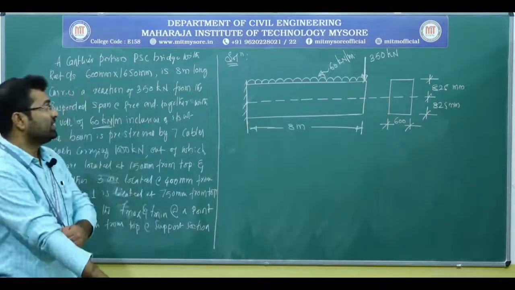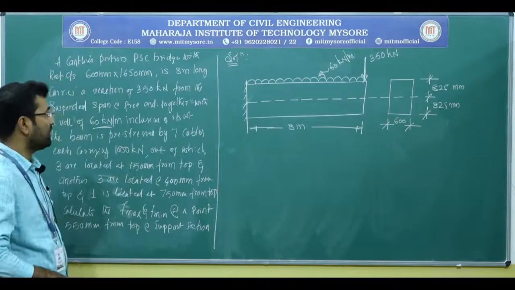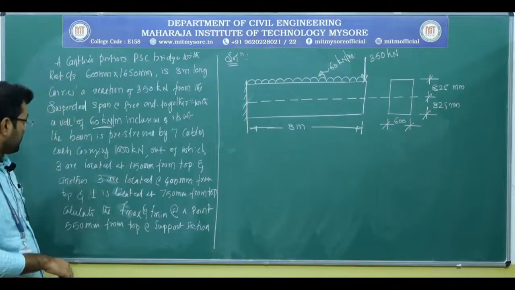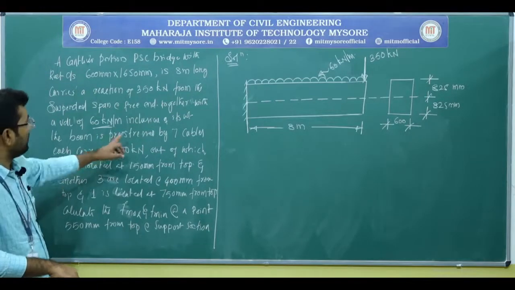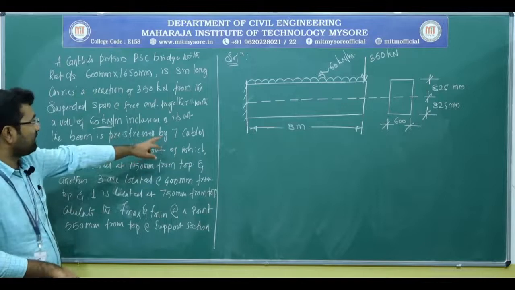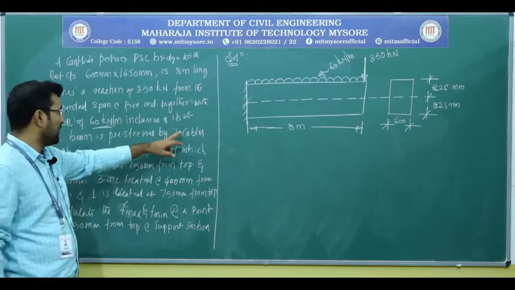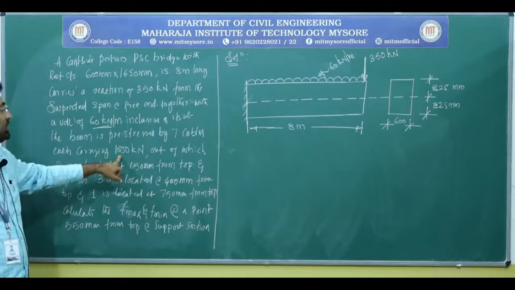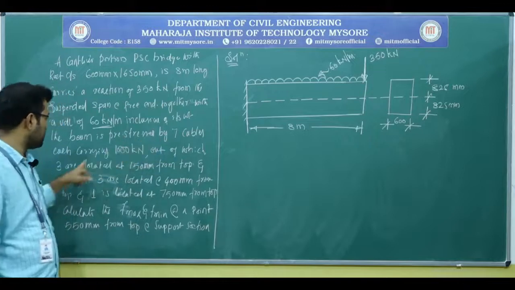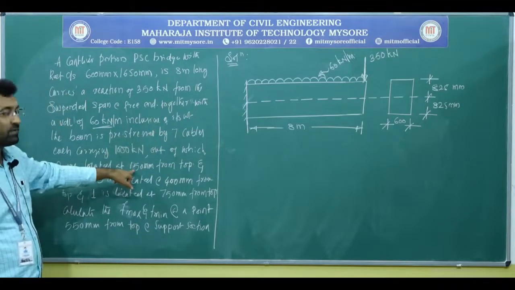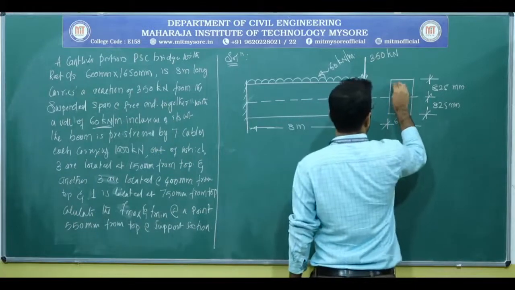Because of this loading condition and the pre-stressing forces, the beam is pre-stressed by 7 cables. Each cable has a force of 1000 kilonewton, and out of these 7 cables, 3 are located at 150 millimeter from the top.